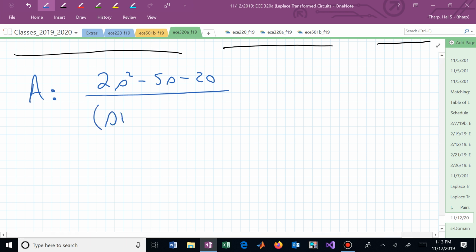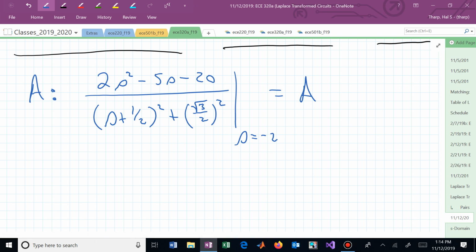I now have s plus 1/2 squared plus the square root of 3 over 2 squared. I evaluate that, and that's the A. The other 2 terms are gone because they were being multiplied by s plus 2, and I set s equal to minus 2.